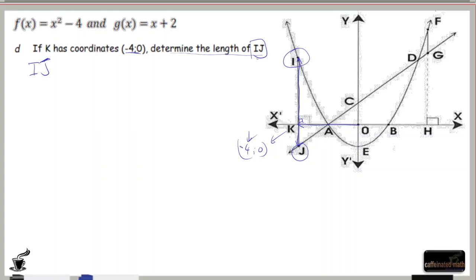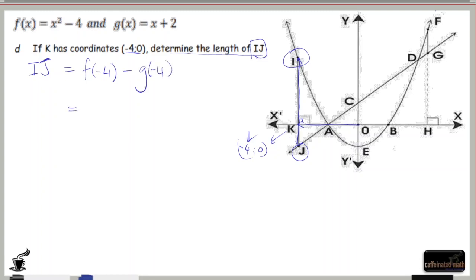I know that ij is going to equal, well, what's the top value? f of x minus g of x in general, but we're not talking in general over here, so let's get more specific. I need the y value at minus 4 on f minus the y value at minus 4 on g.